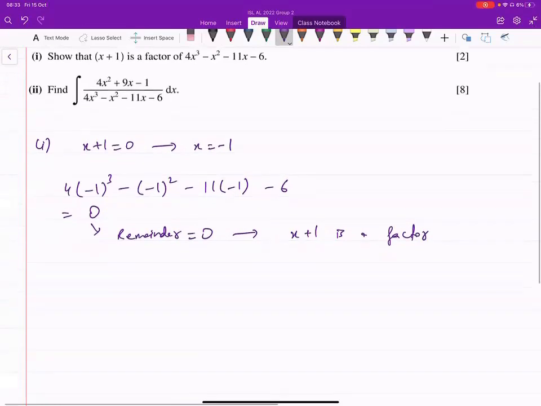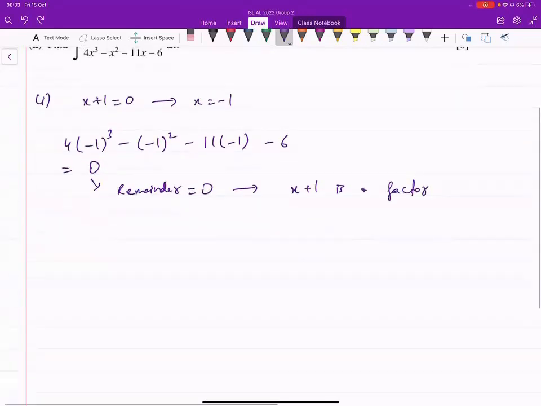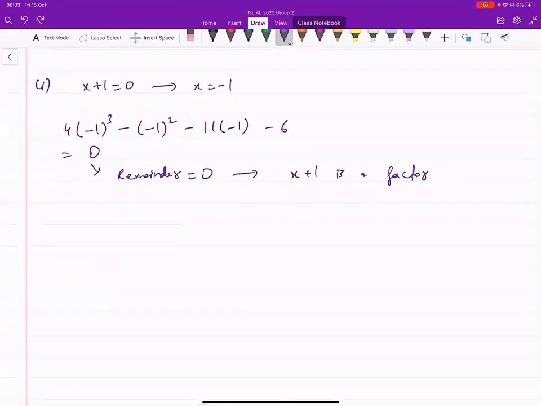Okay, second part: find the integral of this thing. And that looks fairly complicated. It's a fraction, right? It's an 8-mark question, so it's going to require some working.